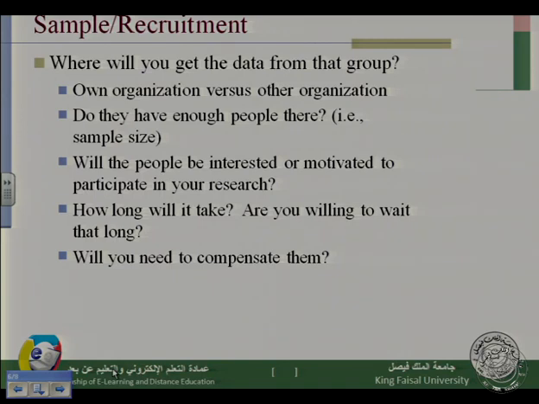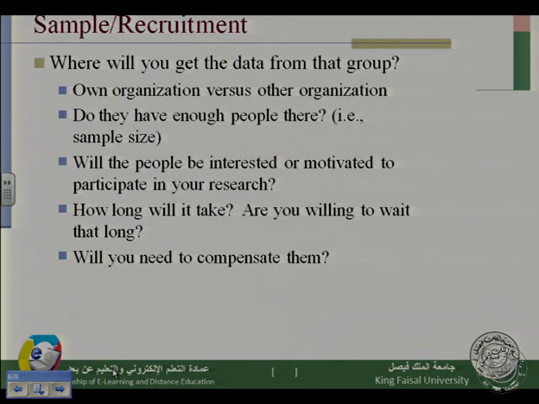Because you have all the facilities, all the logistic support from your colleagues, your teachers, your headmasters, etc. So it's sometimes different to conduct a study in your organization from another organization, and it could be vice versa. Maybe you would find more difficulties in your own organization than in other organizations.